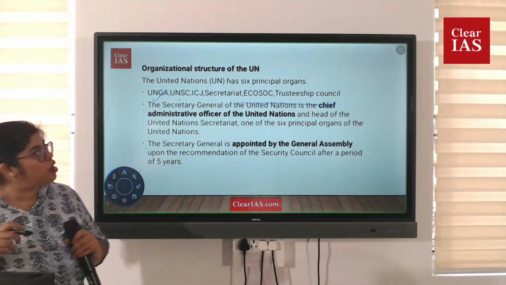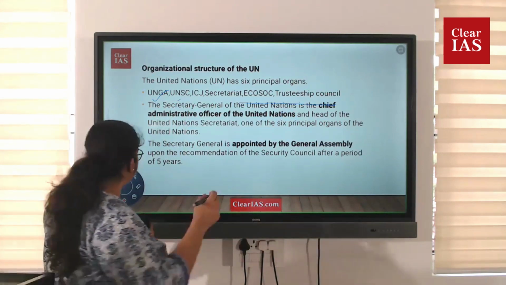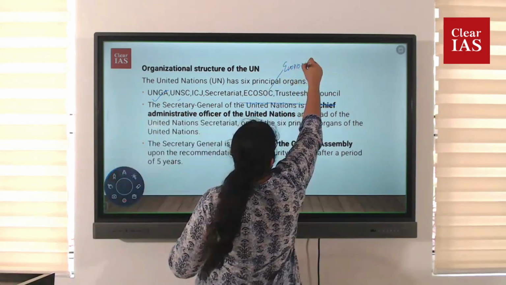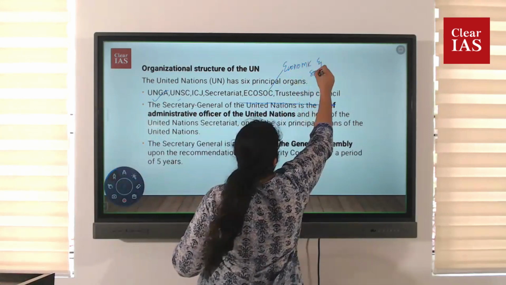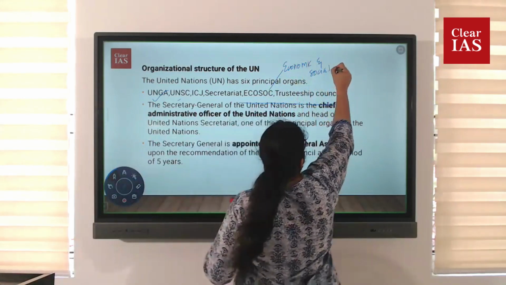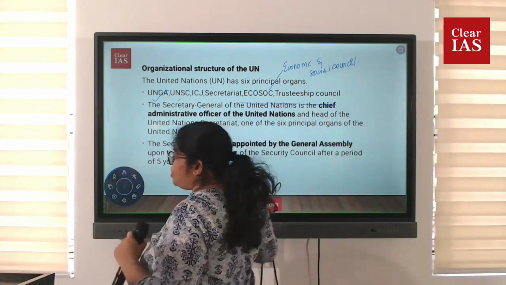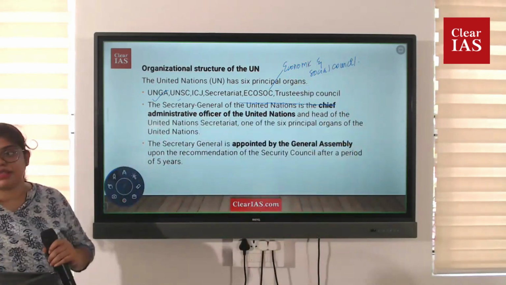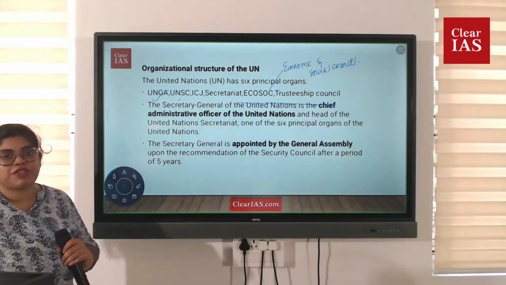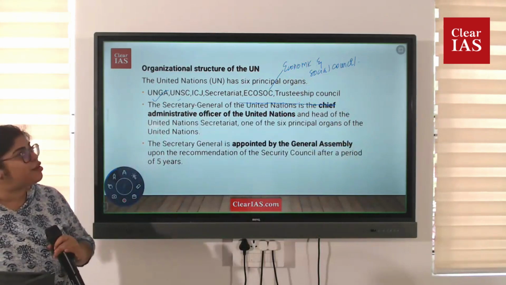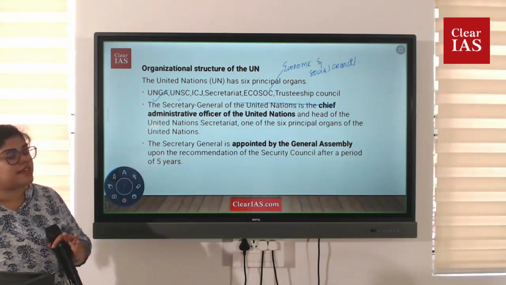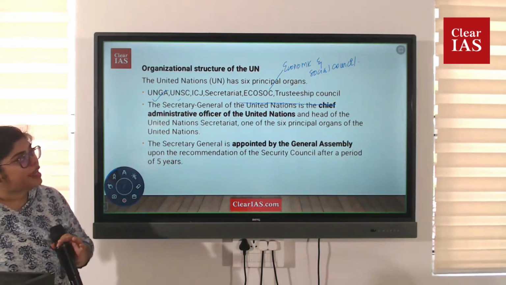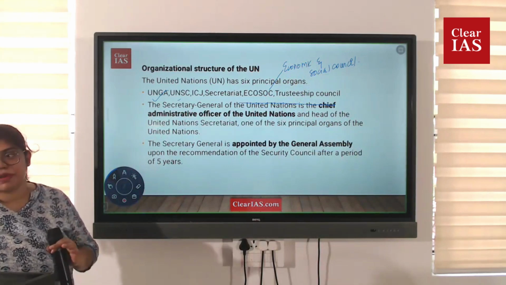ECOSOC means Economic and Social Council. Then you have the Trusteeship Council. These are the principal organs of the United Nations: the General Assembly, the Security Council, the Court of Justice, the Secretariat, then ECOSOC and the Trusteeship Council.